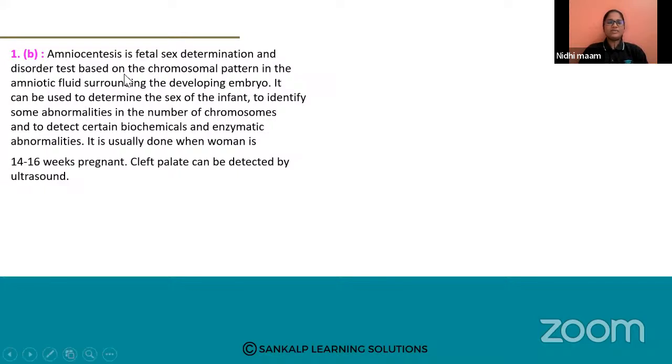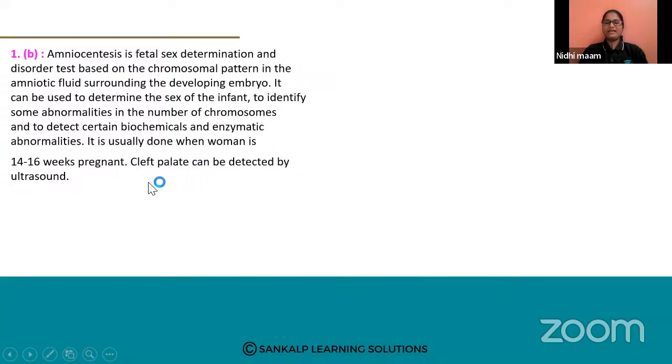It is a disorder test based on chromosomal pattern in the amniotic fluid surrounding the developing embryo. It can be used to determine the sex of the infant, to identify some chromosomal abnormalities, that is Down syndrome, and to detect certain biochemical and enzymatic abnormalities. It is usually done when a woman is 14 to 16 weeks pregnant, but cleft palate cannot be detected.